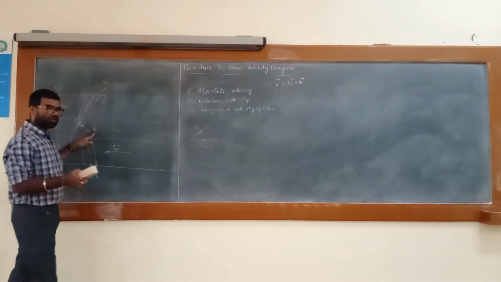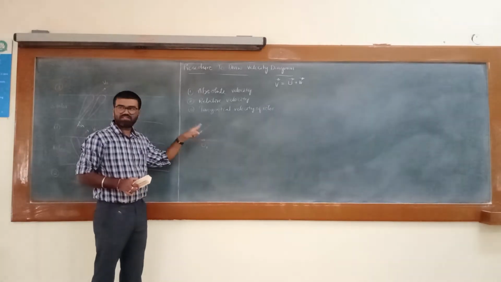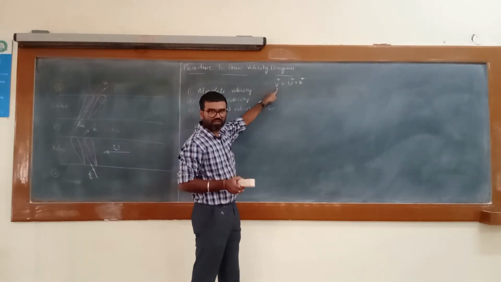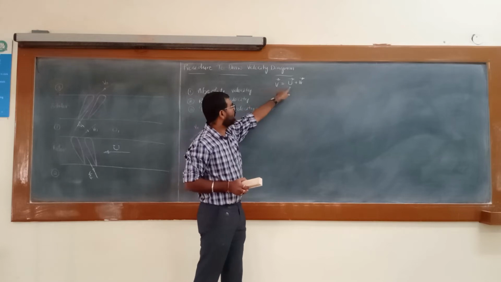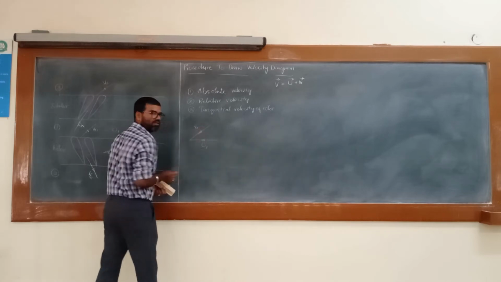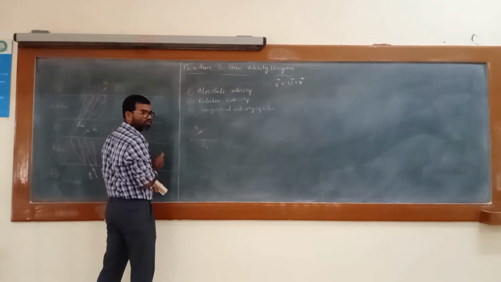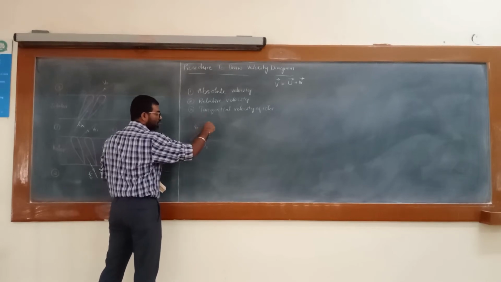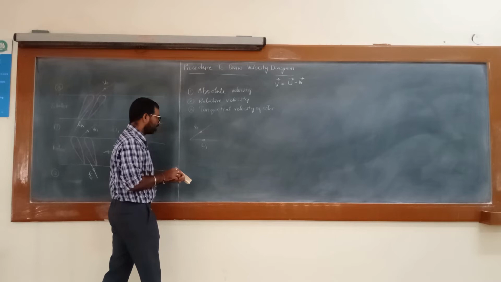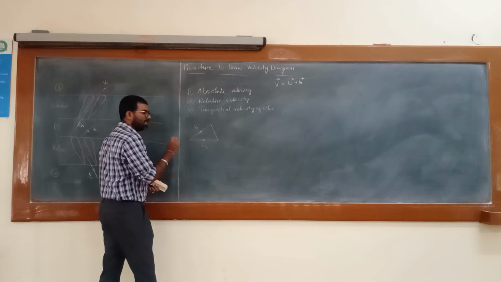To complete the velocity triangle here, we don't know the direction of VR1, so we follow the key rule, the vector rule: vector V is equal to vector U plus vector VR. That means the magnitude and direction of V should be equal to the magnitude and direction of VR plus U. See here, if you draw VR, what is the direction?